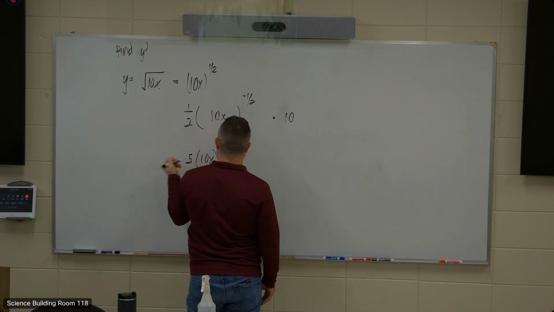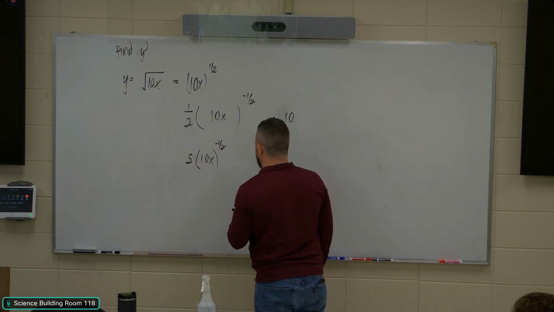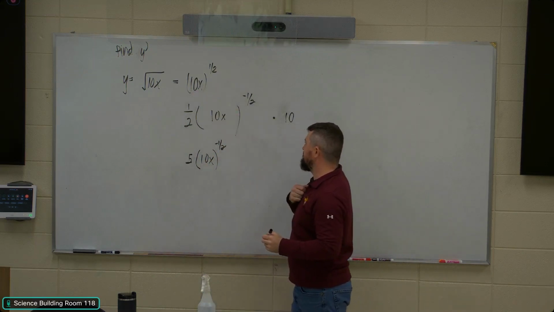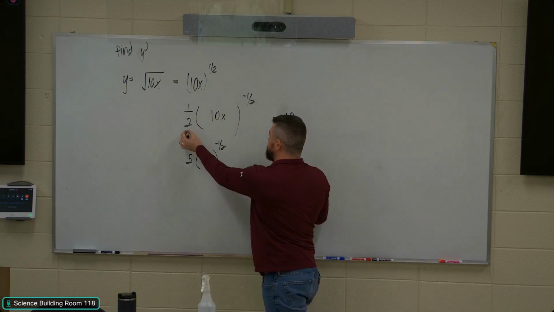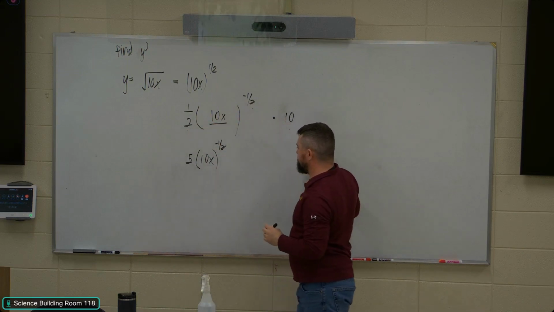So this is a problem like what we were looking at on Tuesday, a chain rule where we have the inside and the outside. The derivative of the outside, put your inside back and multiply by the derivative of the inside.